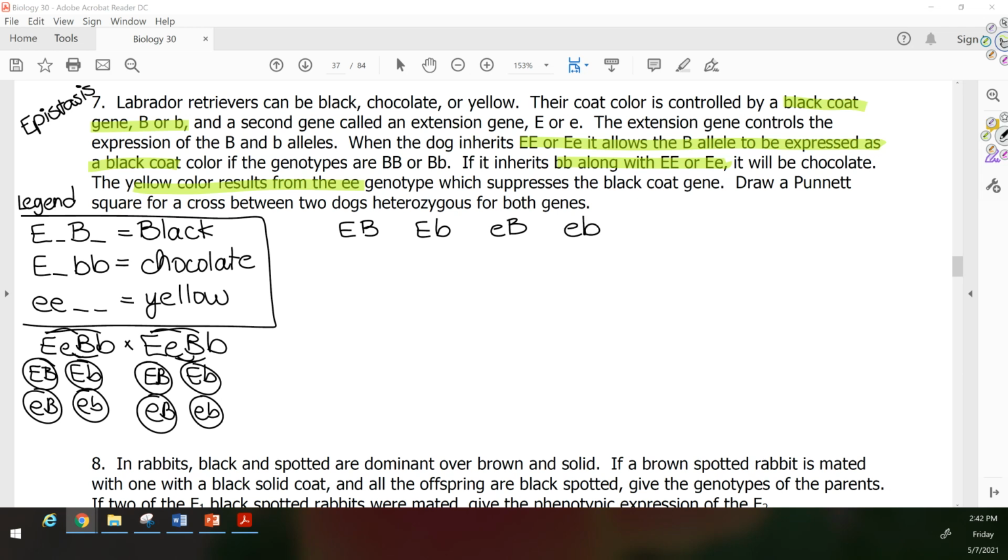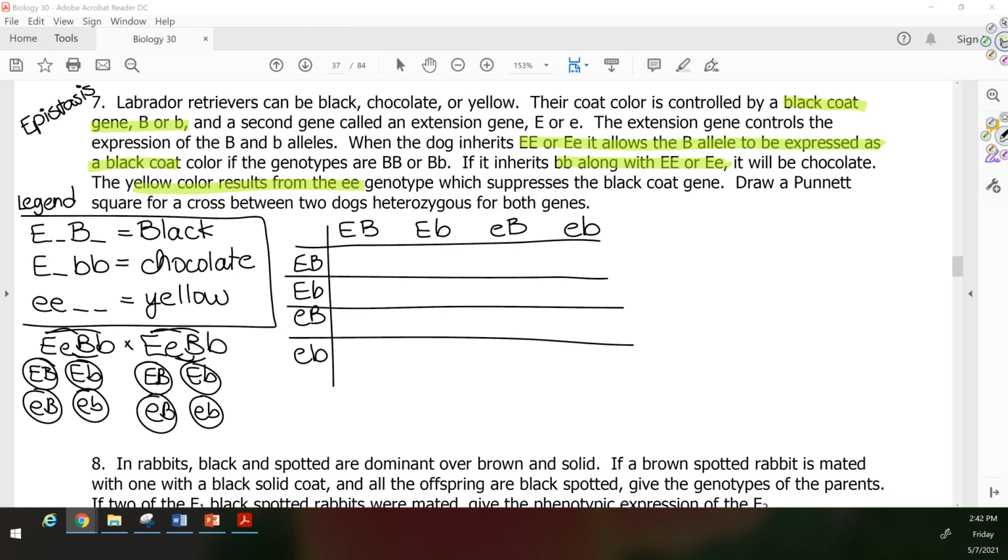And you'll see you'll come up with the same results as we do with our shortcut. Okay, and then remember when you're writing the genotypes in here, the result of the fertilization of the 2 gametes, you write it in the same order you started with.